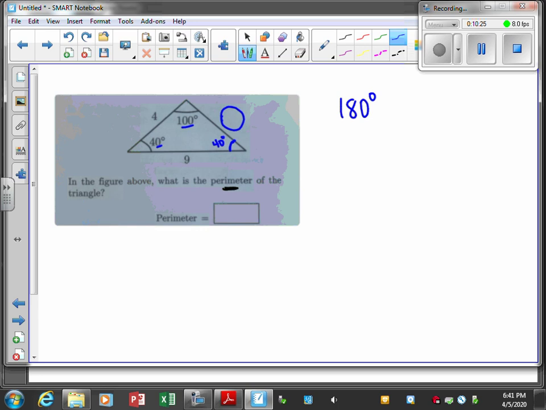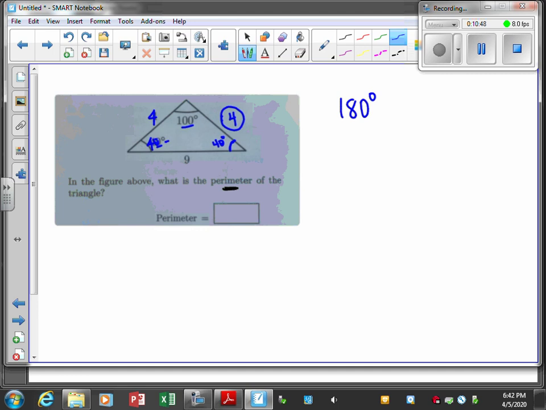what we have there is if this one's 40 and opposite of it is 4, and then we know if this one's 40, then opposite of it must be 4 as well because they're the same. So if two angles are the same, that means two sides of it are the same.